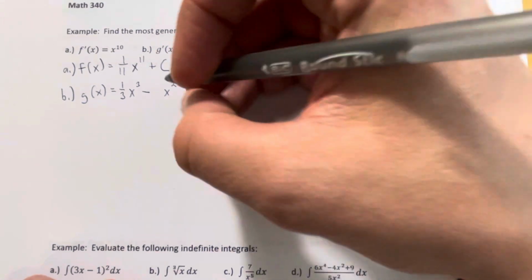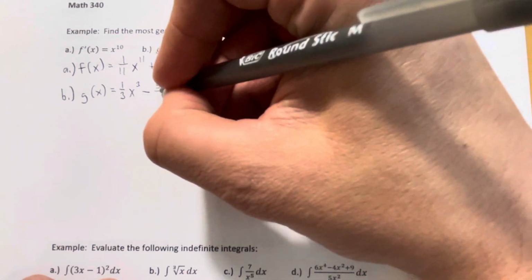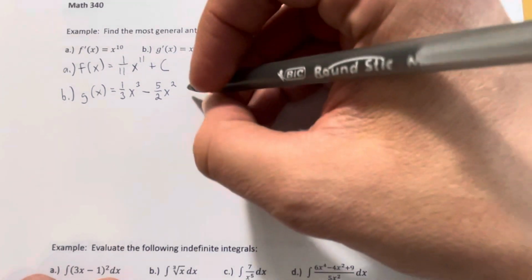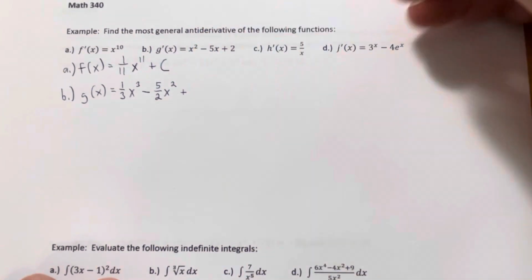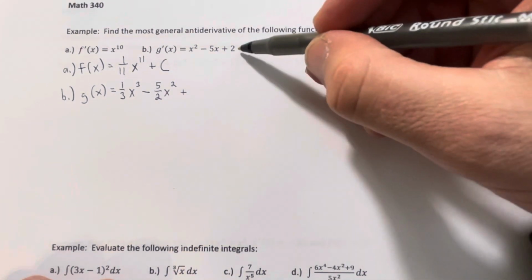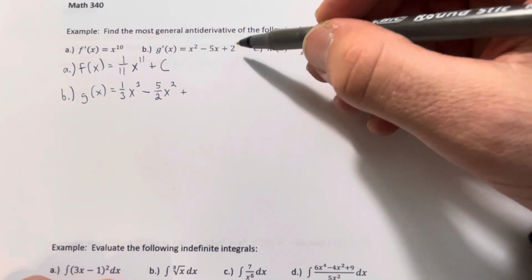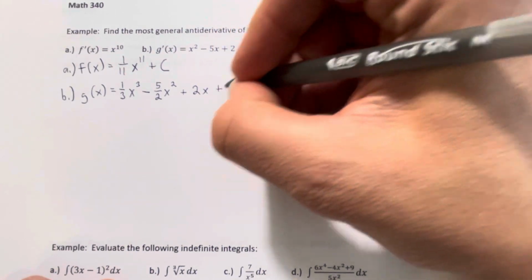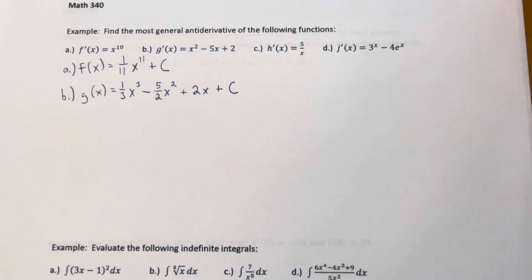There was already a 5 there, so 5 times 1/2 is 5/2. Plus 2. Remember the rule for constants: the antiderivative of a constant is that same constant times x, 2x. And then as always, we put a plus c here.